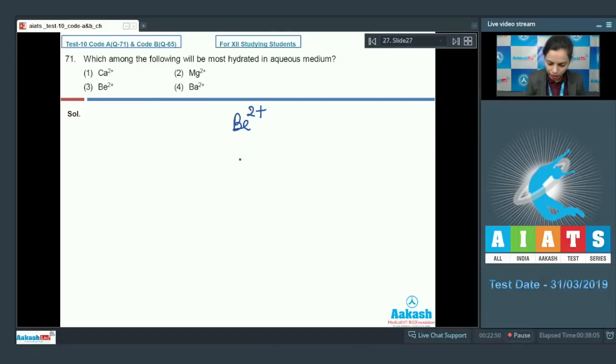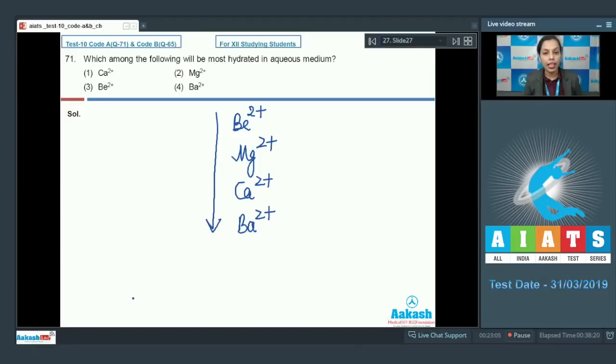First is beryllium, then there is magnesium ion. After that there is the calcium ion and then barium ion. So this is the order of increasing ionic size, and smallest is the size, maximum would be the hydration. So this is there for beryllium, and just choose option 3 as your correct option.